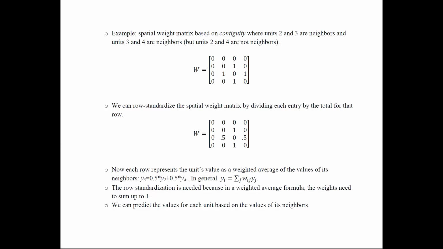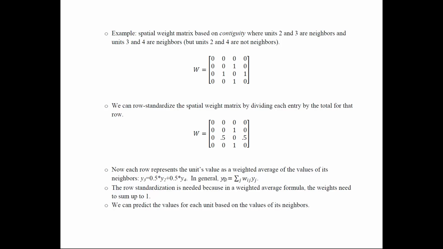Therefore, if we don't know the value for the third observation, what we can do is take the value for the second one and the fourth one, put weights of 0.5 on them, and we would get the value for y3. And this is what we are doing here: y3 equals 0.5 of y2 plus 0.5 of y4. We're reading off this row.